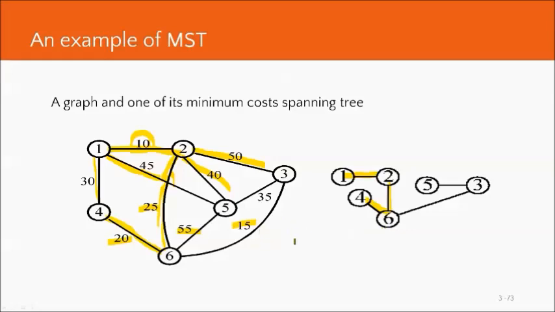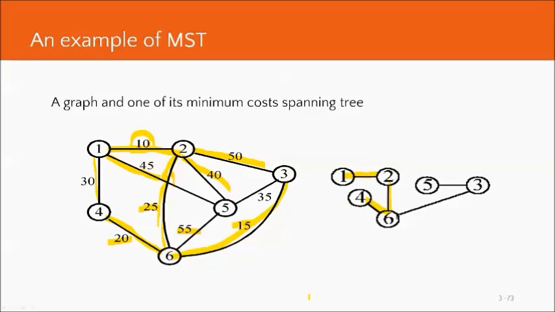Now, from vertex 6, okay, going to vertex 5 or 3, I have two values here. So we have 55 and 15. So 15 is the lowest cost. Then I will use the edge of vertex 6 into vertex 3 because this is the lowest.